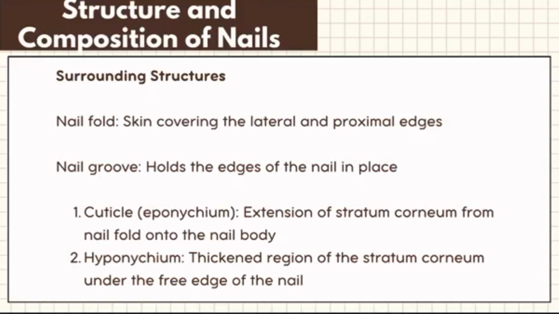Cuticle and hyponychium. The cuticle is an extension of the stratum corneum from the nail fold into the nail body, which protects the new nail from infection. While the hyponychium helps protect the nail bed from infection.